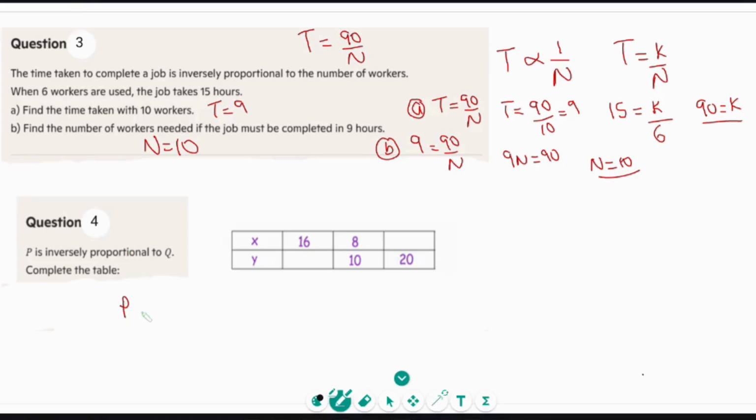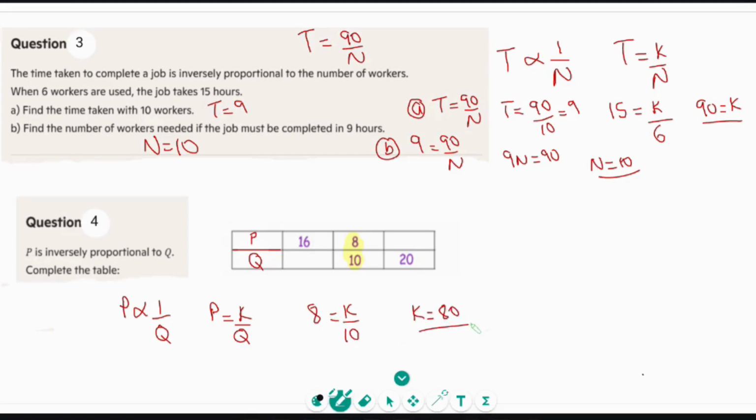P is inversely proportional to Q. I think this should say P and Q. So we have to use this column here to find K. So it should be 8 here, shouldn't it? 8 is equal to K over 10, times both sides by 10.